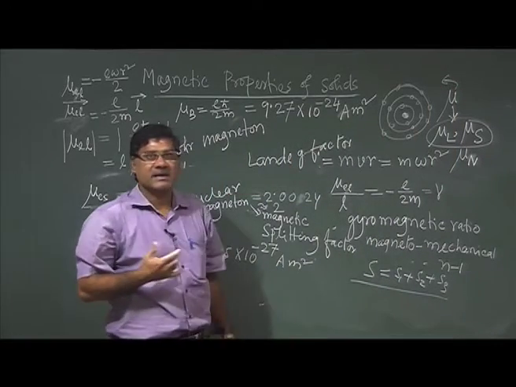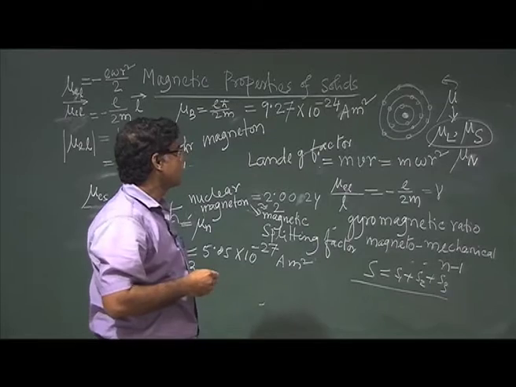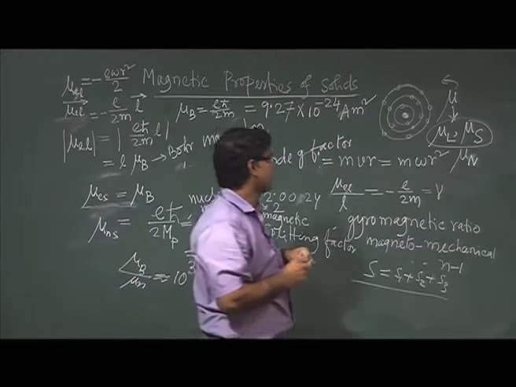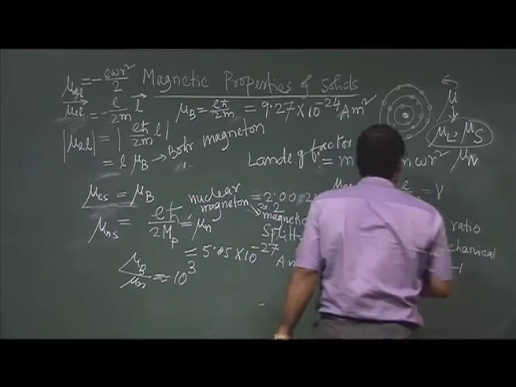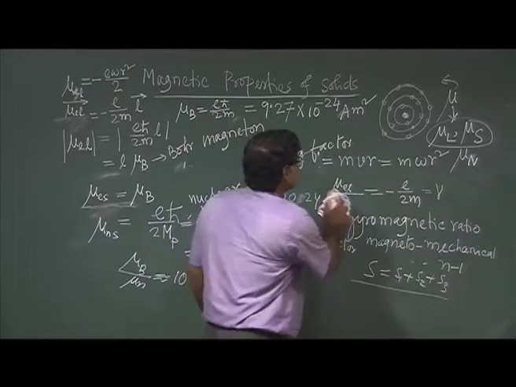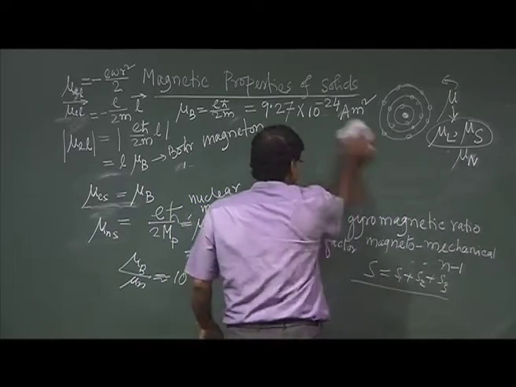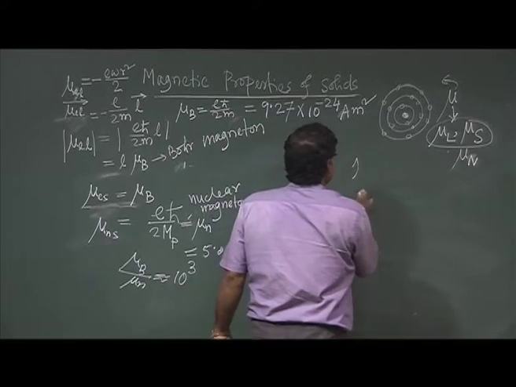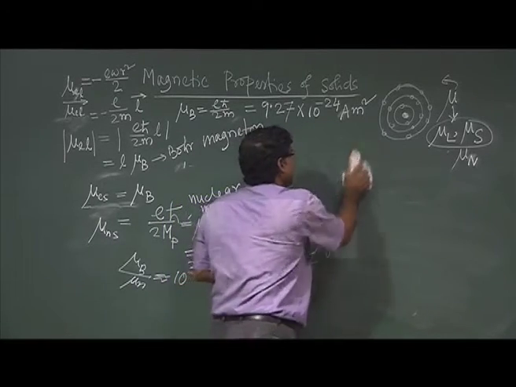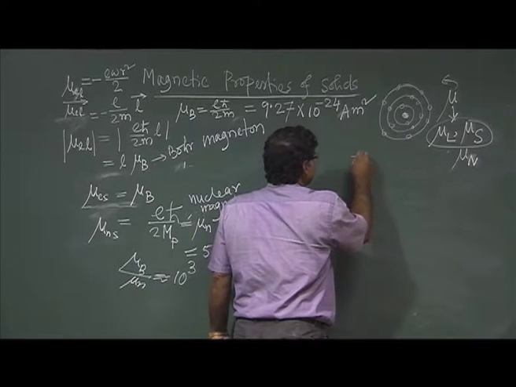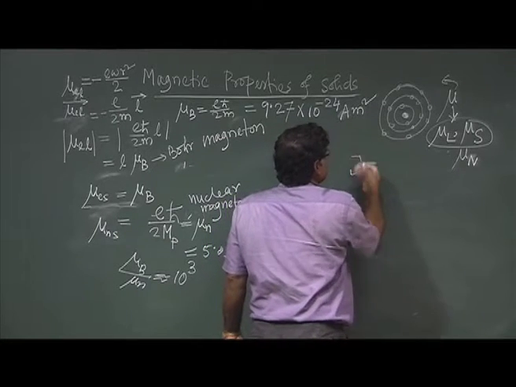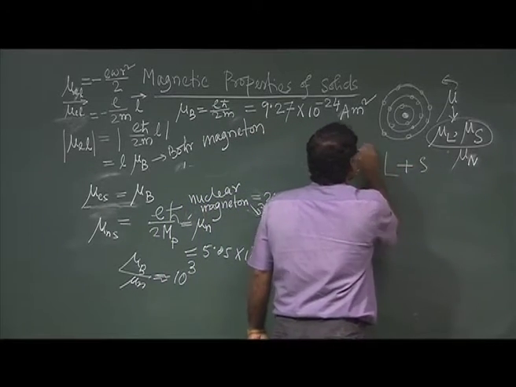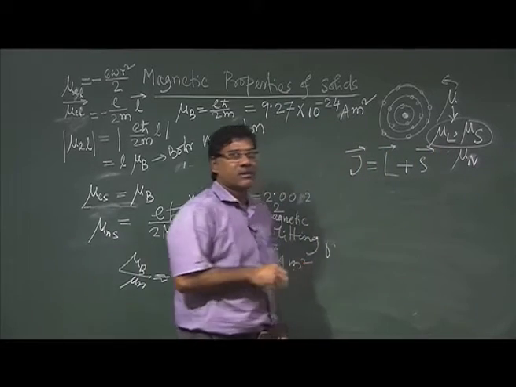Now, the magnetic moment of this atom can also be written as μ_J, where J is the total angular momentum. This is the LS coupling. So, again J equals L plus S, a vectorial sum one has to take.